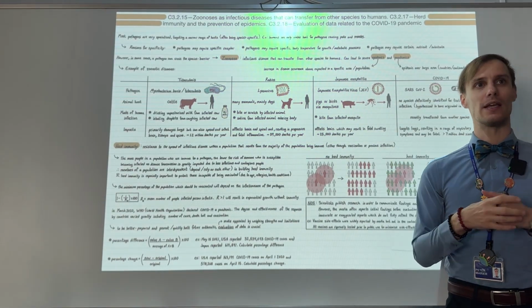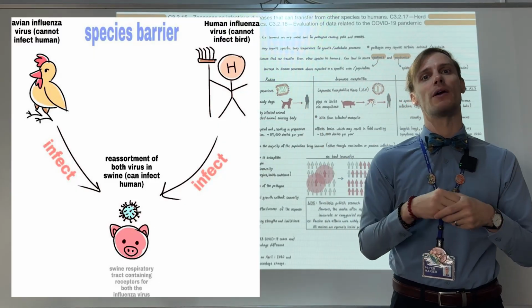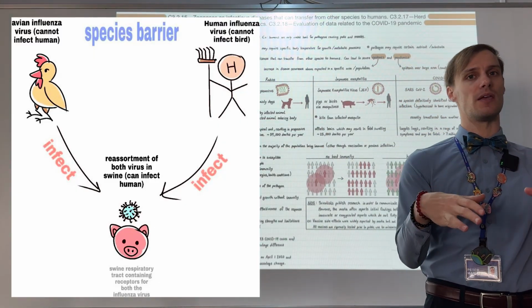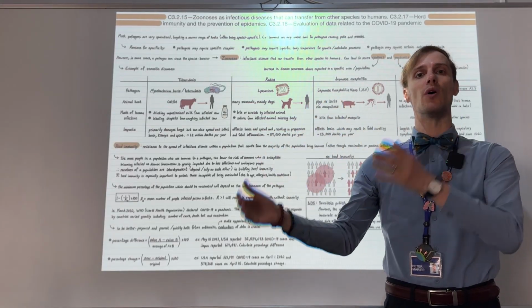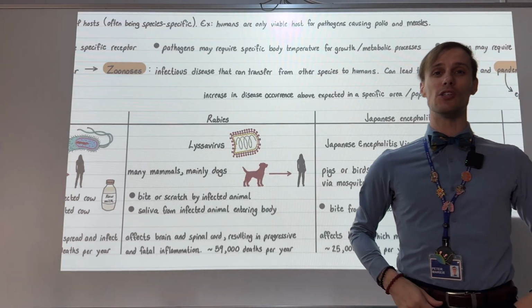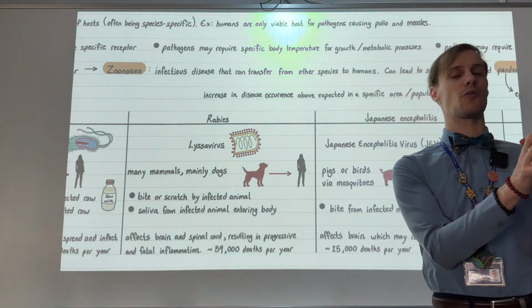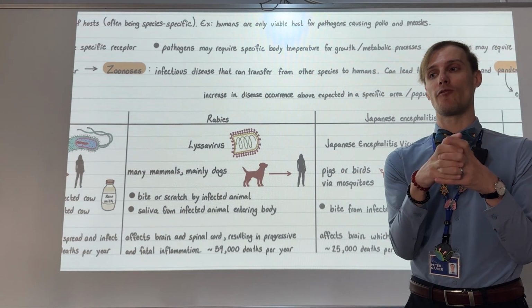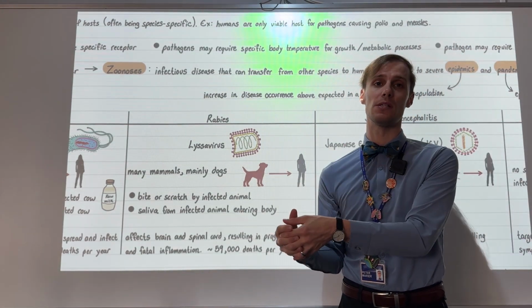However, unfortunately, there are cases when pathogens can cross the species barrier, meaning that they used to be specific to a particular host and they have jumped to a different host. Zoonosis is when a pathogen or a disease used to be contained within a particular organism or maybe a few particular organisms, and for whatever reason, they are now able to pass that on to humans.